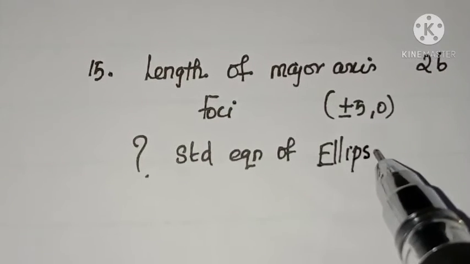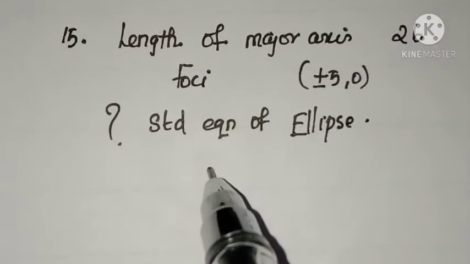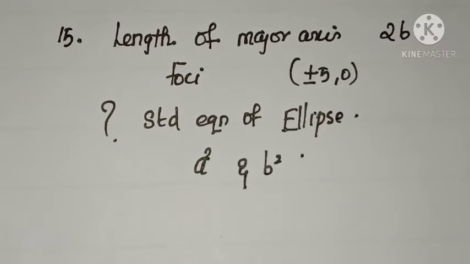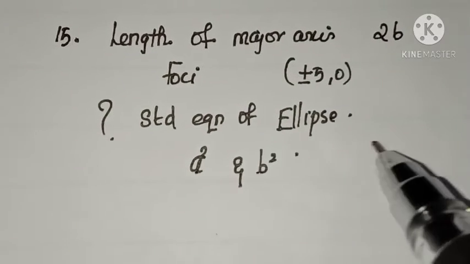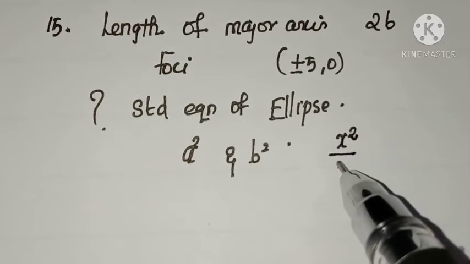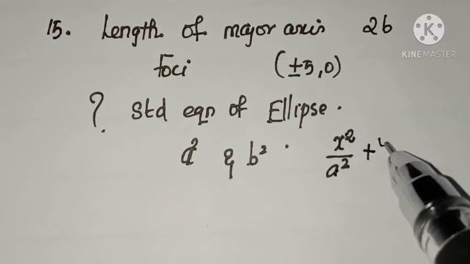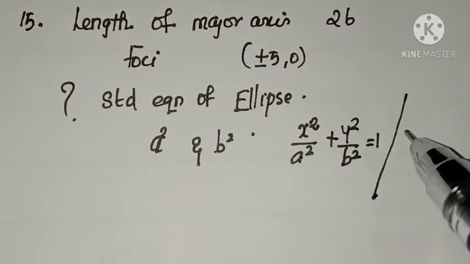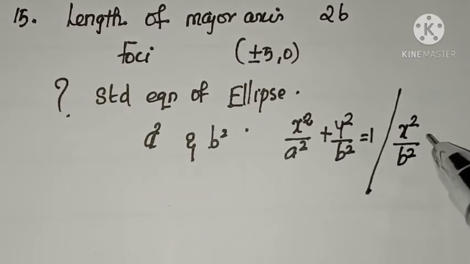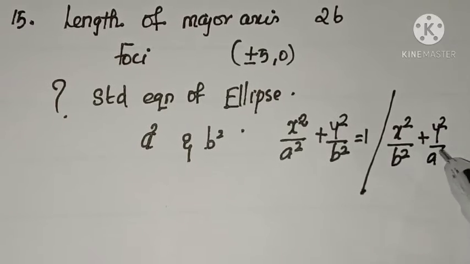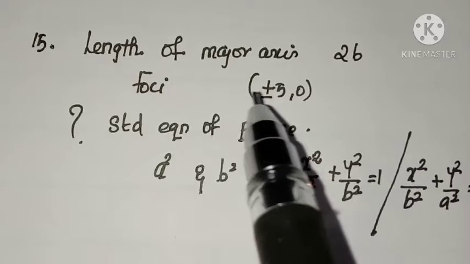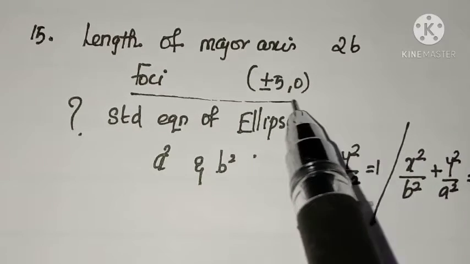Okay. So to get the standard equation of the ellipse, we need a square and b square. If we get a square and b square, we can write the standard equation either x square by a square plus y square by b square equal to 1, or x square by b square plus y square by a square is equal to 1. For this, look at the foci.